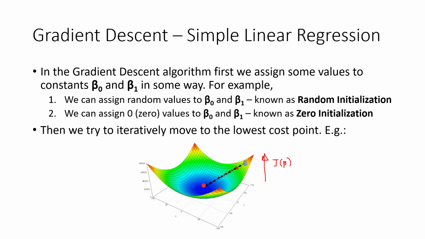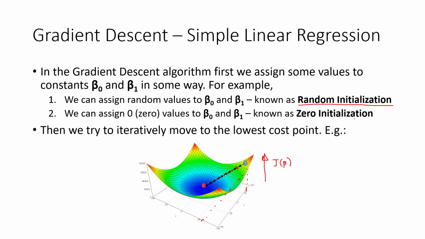In order to do that, we can start somewhere, which means initializing the values for beta 0 and beta 1. The first way, the most common one, is known as random initialization, where you take some random value like this one, right? So we can have this beta 1 value and this beta 0 value, somewhere here. This is the beta 0 value and this is the beta 1 value. We have selected some random values, right? This is known as random initialization.